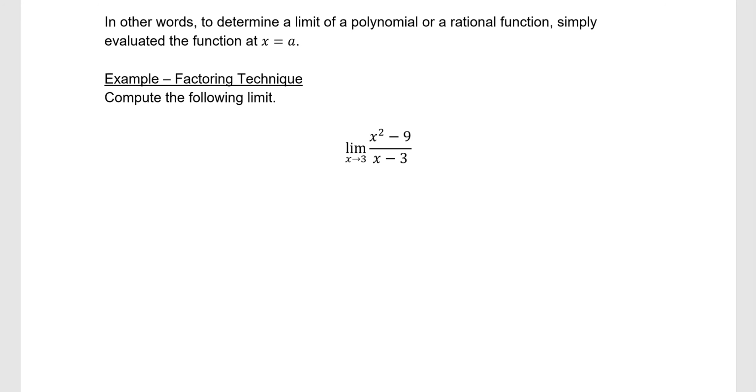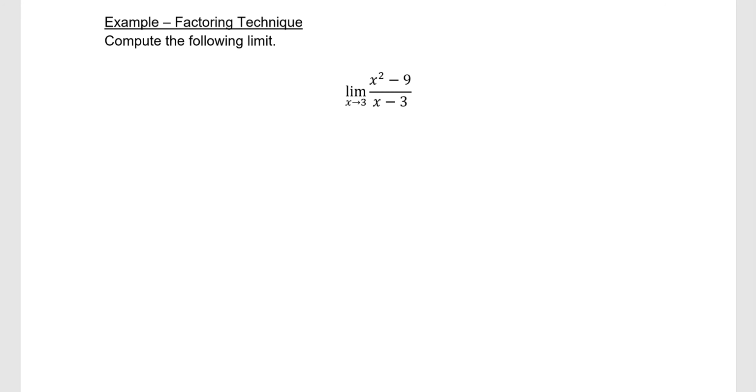Okay, so let's go ahead and see this first example using a factoring technique. Let's evaluate the limit of x squared minus 9 over x minus 3 as x approaches 3. Notice that if we tried to use this direct substitution method and plug it in right away, we would actually get 0 over 0, right?